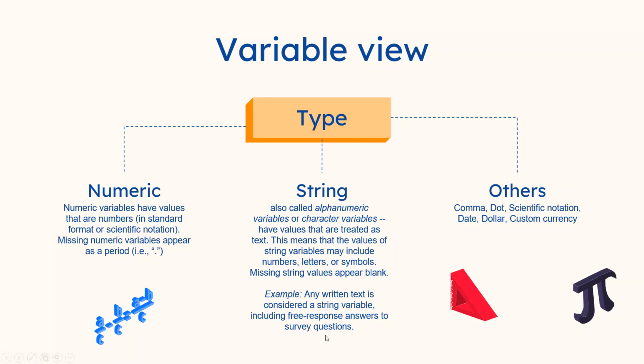It will include any open-ended question as well, for example, if you have a questionnaire that asks for opinion. If you still want to put them into SPSS and analyze them later in terms of descriptive analysis, you can do that, but you have to define them as string parameters.